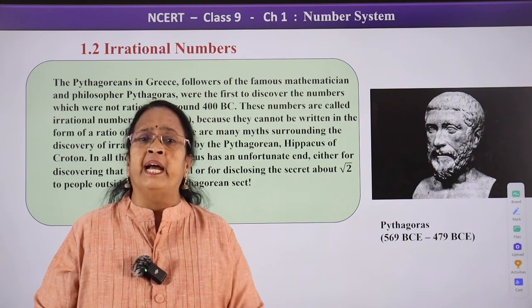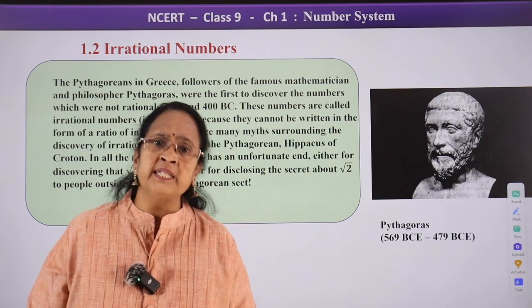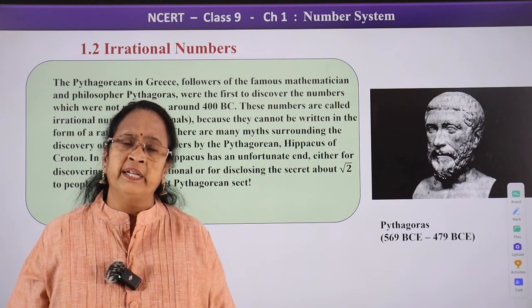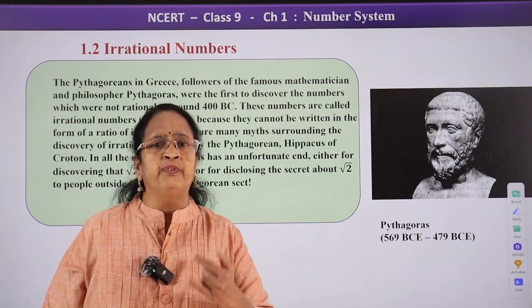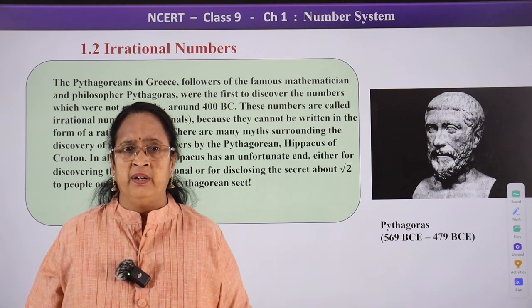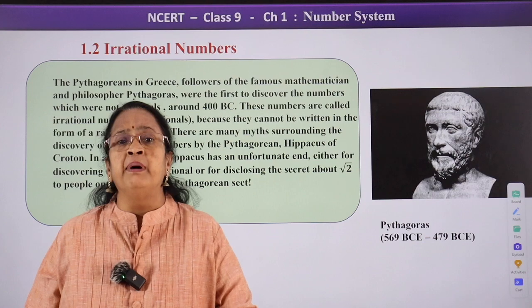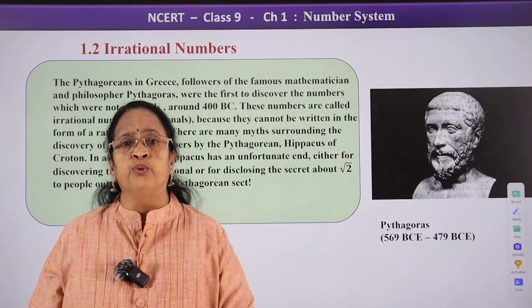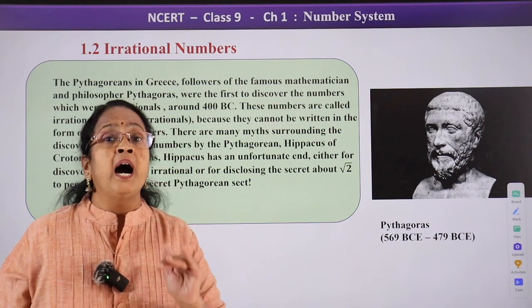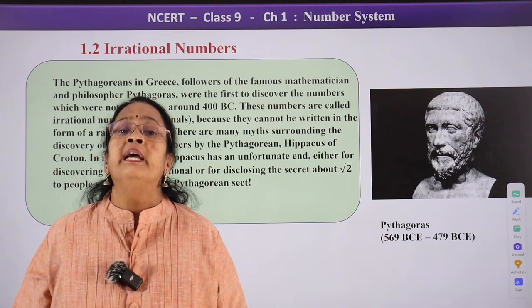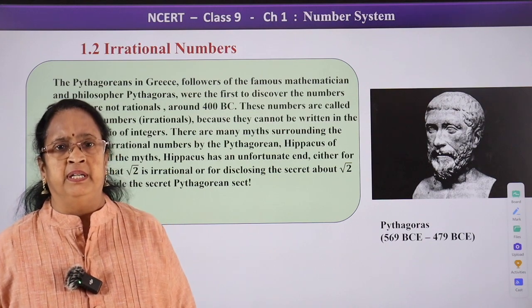You will not get remainder 0. So they go on continuing, like root 2, root 5, root 7, root 11, all prime numbers under the root. So all the prime numbers under the root are called irrational numbers.